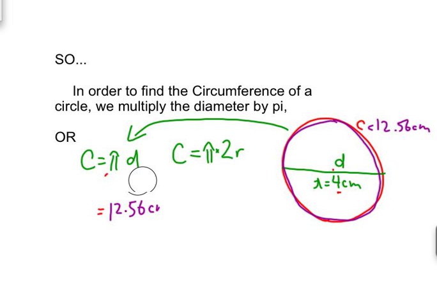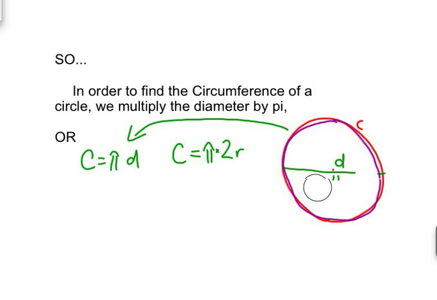Now we can also use this equation to find out what our diameter is. Let's say, for instance, that we knew what the circumference was. Let's say that we knew that our circumference was 40 centimeters, but we didn't know what our diameter was.